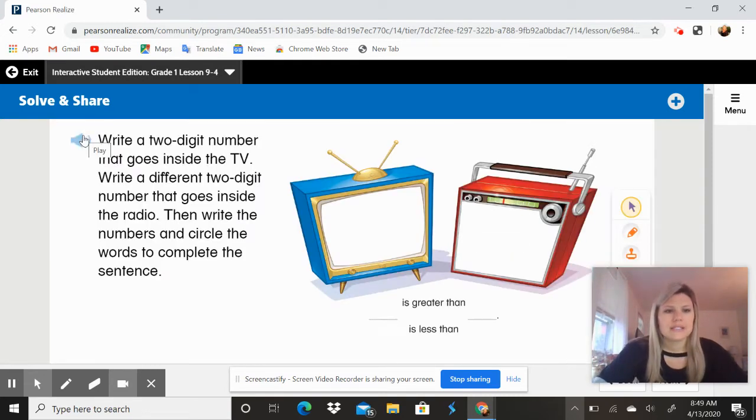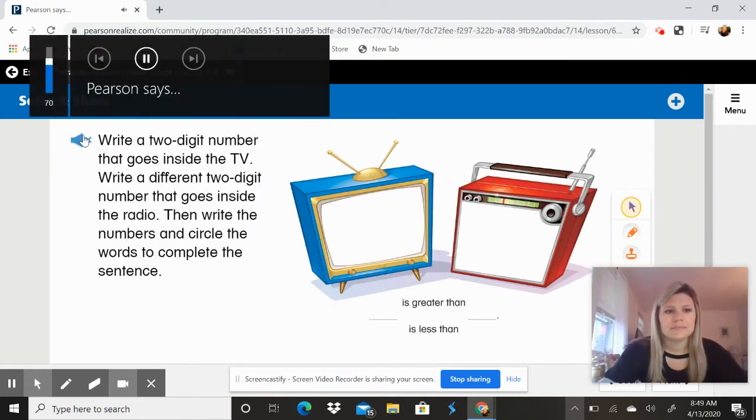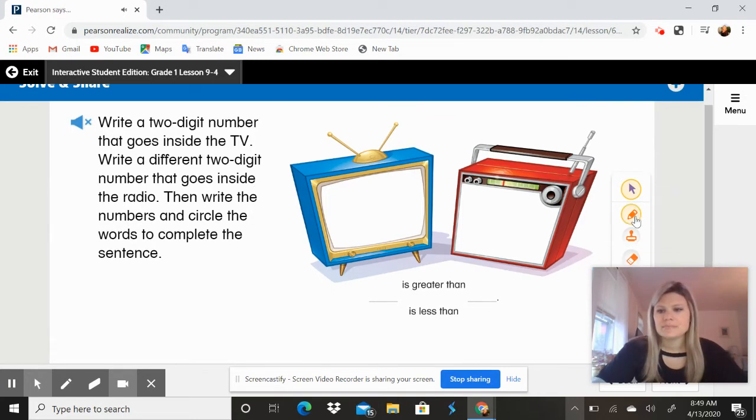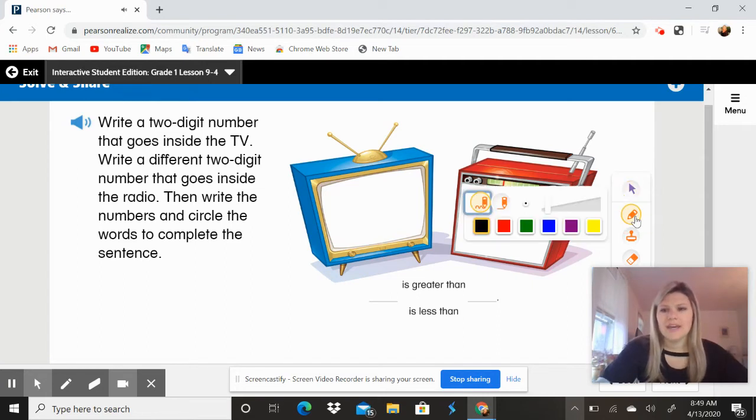Okay, let's listen. Write a two-digit number that goes inside the TV. Write a different two-digit number that goes inside the radio. Then write the numbers and circle the words to complete the sentence. Okay, so I get to pick the two numbers.